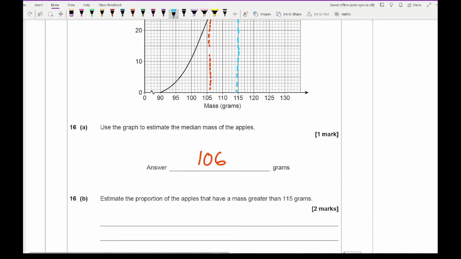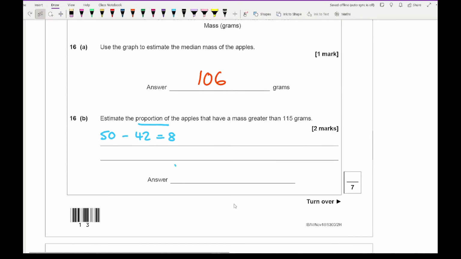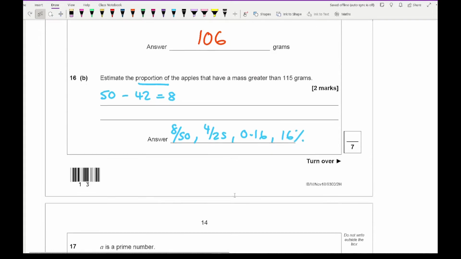So it's going to be 50 minus 42, which is 8, and then we need to write it as a proportion. Then the answer is going to either be 8 over 50 or 4 over 25, or you can write it as 0.16 or 16%, whichever of those would be absolutely fine.